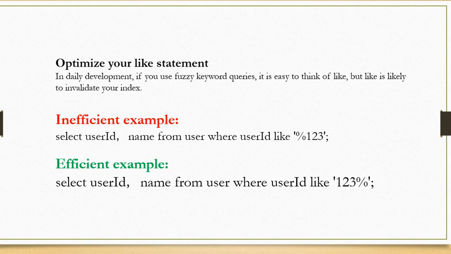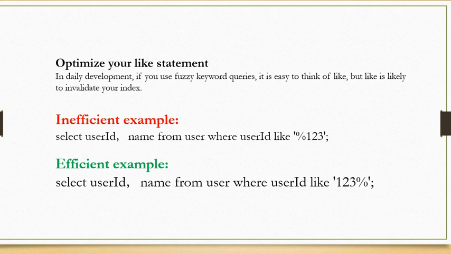This is not the right way to write a SQL query. You have to write the efficient way like this: select user ID, name from user where user ID like 123%. So use wildcards in a better way.